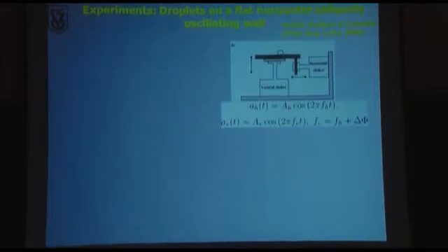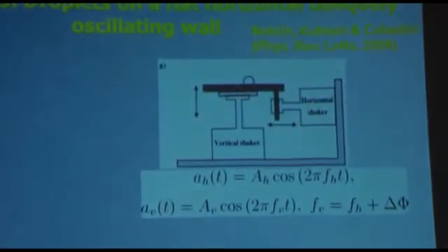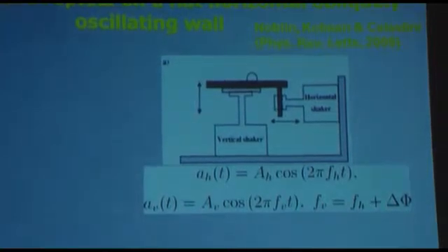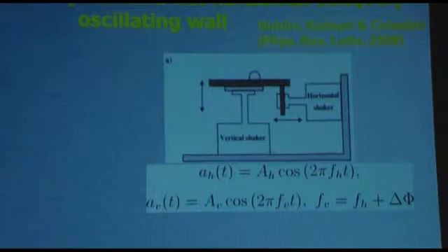What's the difference? They have a drop on the horizontal table, but now the horizontal table is connected to two shakers. This one knows only one thing, to oscillate left-right in the horizontal direction. This one is a vertical shaker, so it knows only one thing, it oscillates up and down.